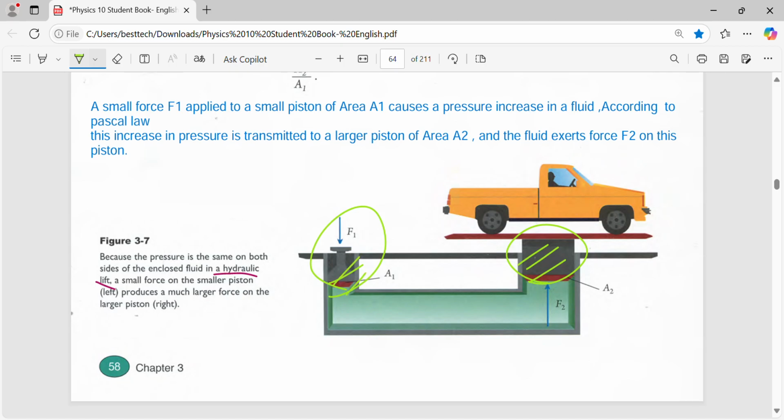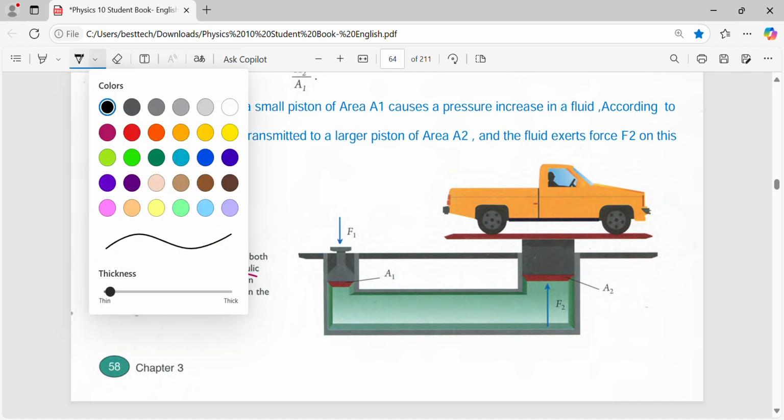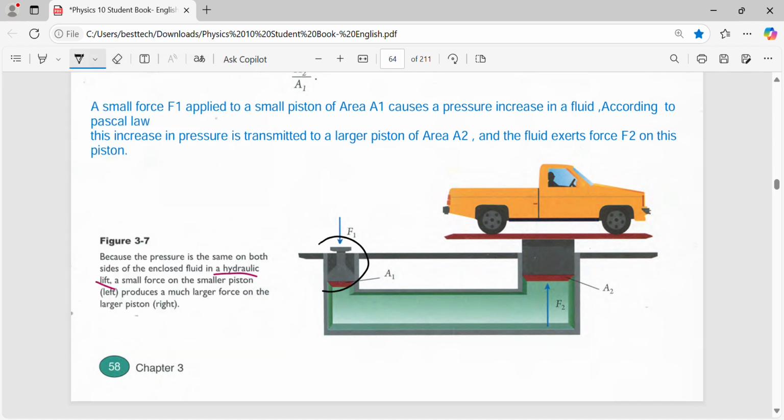By the name, the small piston means that the first piston's area is smaller than the second piston. There's a difference between them in the size of the area. Their sizes are totally different; the first piston is smaller than that one.